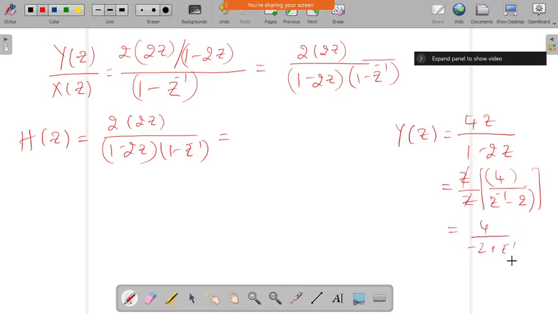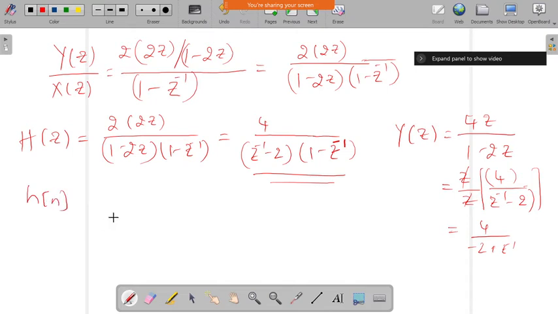So this is what you get in terms of z inverse. So instead of the earlier form, you will get 4 divided by z inverse minus 2 into 1 minus z inverse. Now you can use the partial fraction to find out this A and B, and you will get h(n).